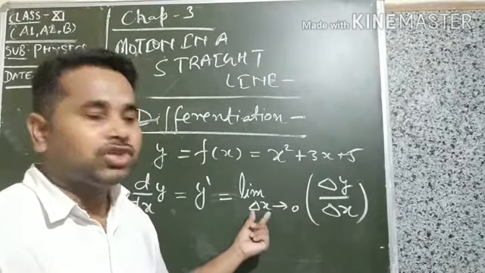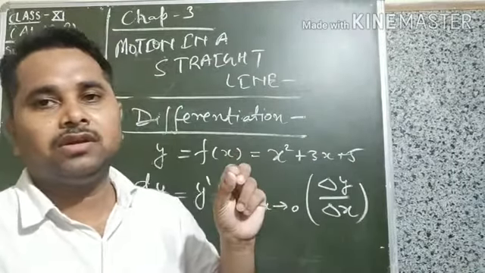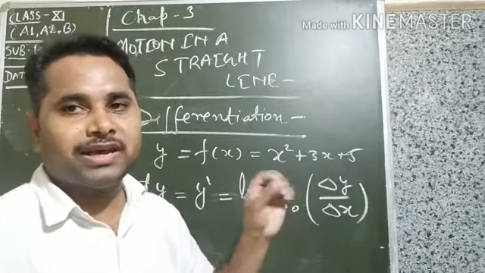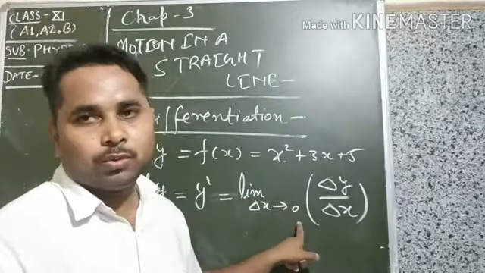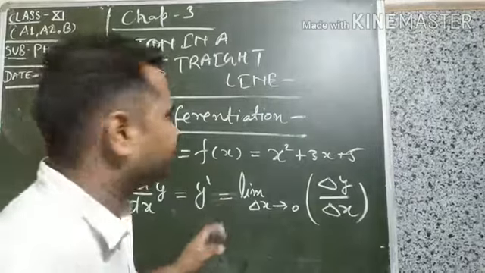Meaning the change in x is a very small change, very small change means it approaches 0. So this is about the definition of differentiation.